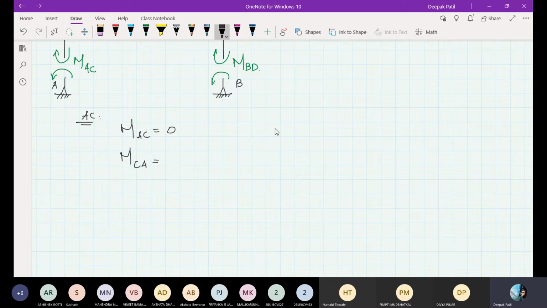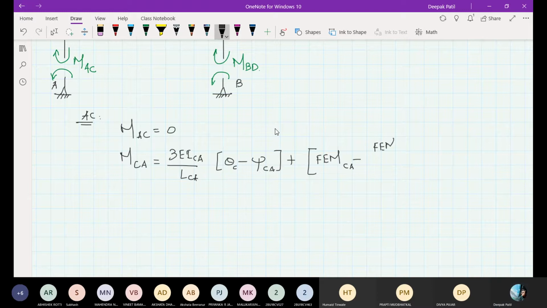It goes like this: 3E ICA divided by LCA, where ICA means the moment of inertia of span CA, times theta C minus xi CA, plus fixed end moment CA minus fixed end moment AC divided by 2.